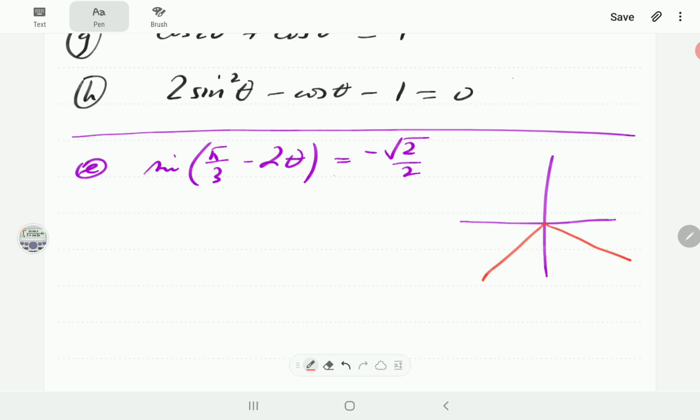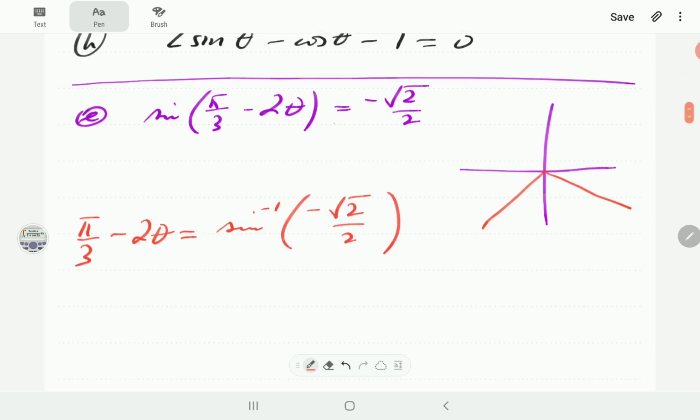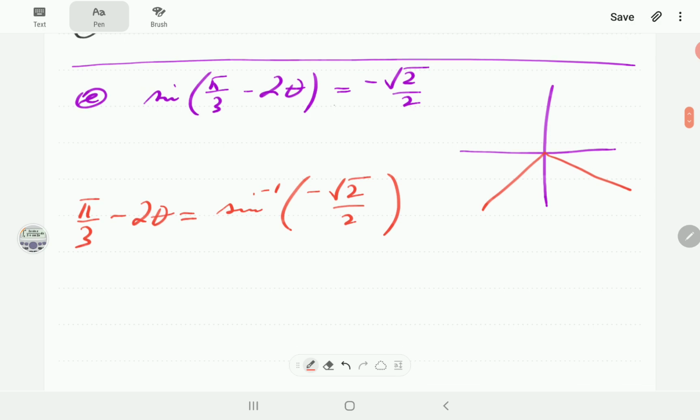So let's take inverse sine. It's going to give us pi over 3 minus 2 theta. So inverse sine of negative root 2 over 2.